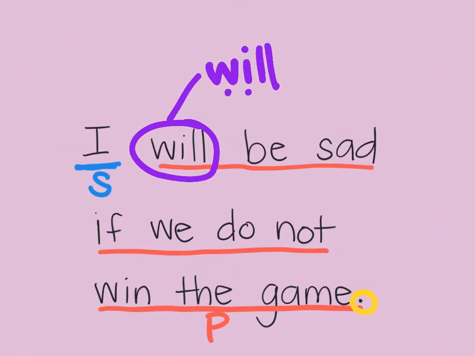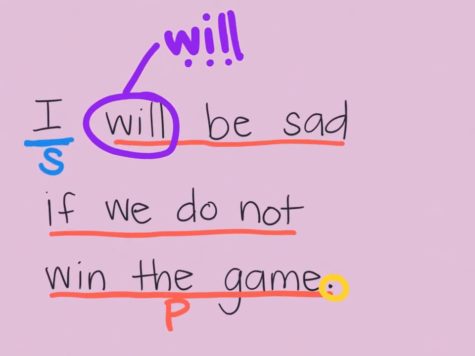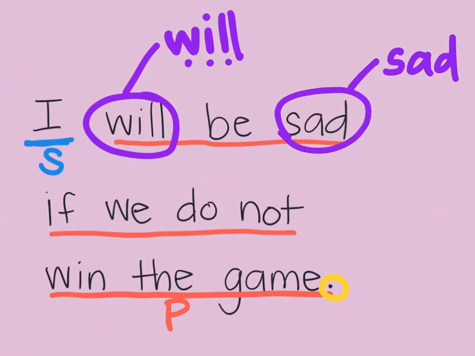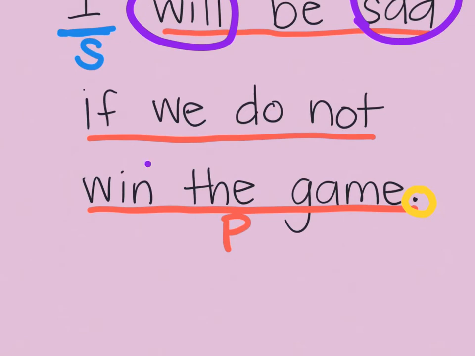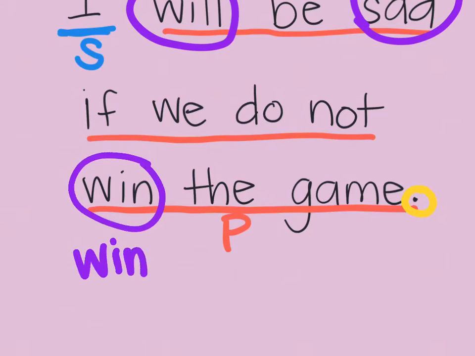Beginning, middle, and end sound. Sad has a short A sound. S, a, d. And down here, win, w, I, n, also has a short I sound.